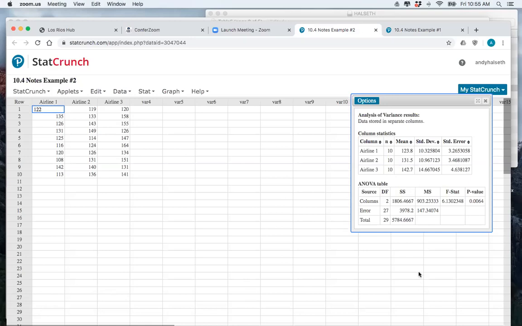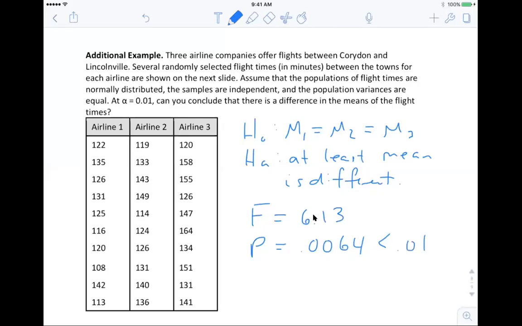With that p-value being less than the alpha of 0.01, that's going to be a reject H sub 0. And if I'm rejecting H sub 0, what was the claim here? That last sentence: can you conclude that there is a difference? So the claim was HA.